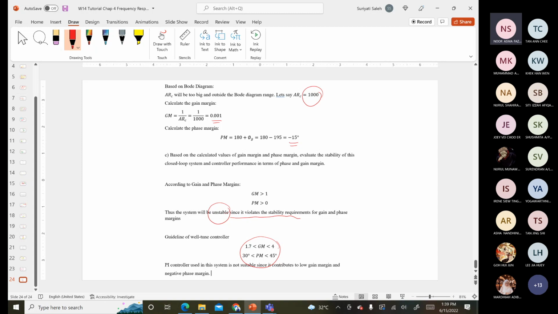The first question is about the open loop, chapter 1 and chapter 2. That means you need to do the derivation until you get the transfer function before you can solve the transfer function.